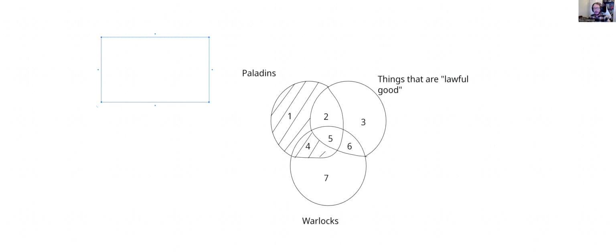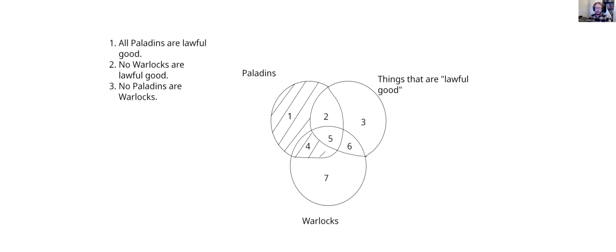Okay, so a lot of you guys said 2 or 3. 2 and 3 is not correct. Can anybody tell me why we know that 2 and 3 is not correct right away?